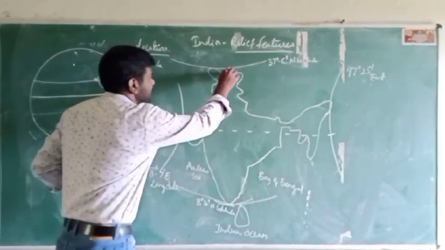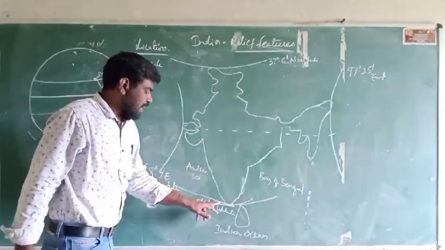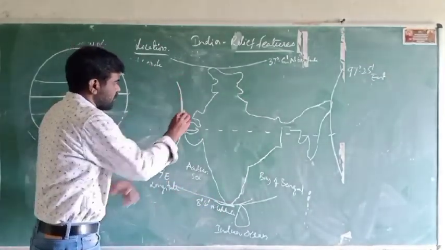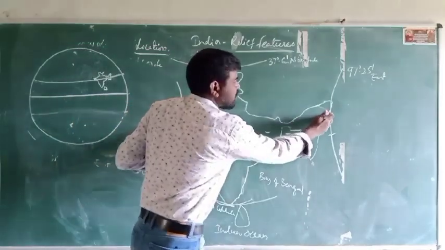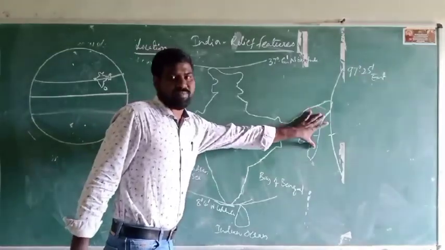Here, from north to south, there is a 30 degrees latitudinal extension, and from west to east, a 30 degrees longitudinal extension.